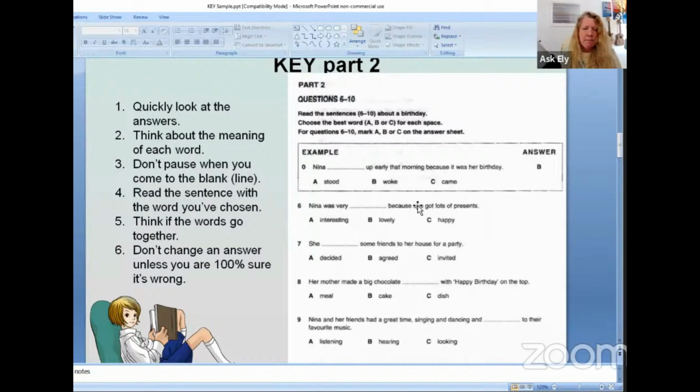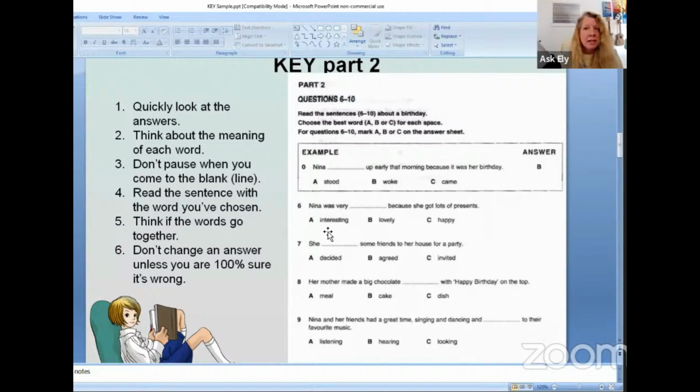Okay, so we have an idea what the words mean. The answer they've chosen is B. Nina woke up. Those words go together, woke up. So if you ever see up and the word woke, that's probably the right word. Nina woke up early that morning because it was her birthday.